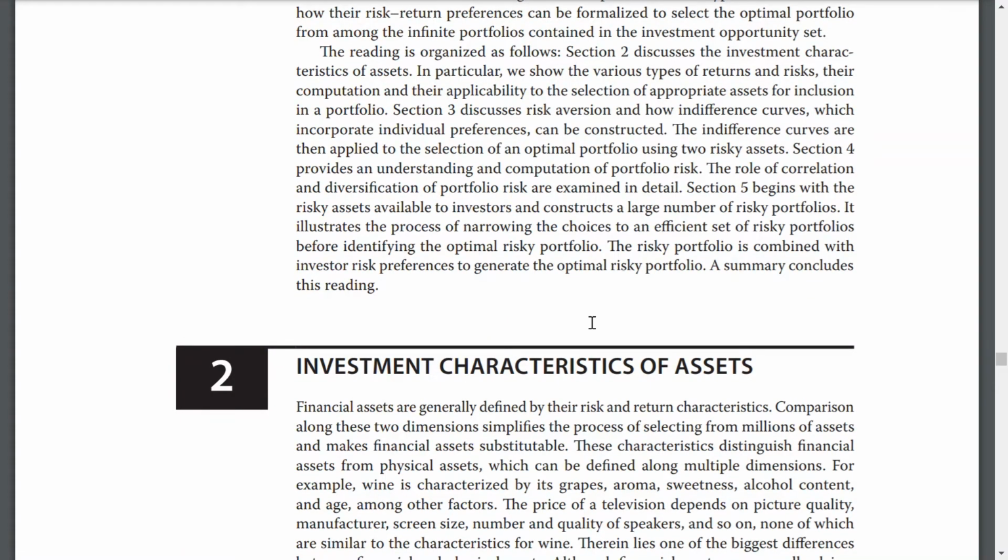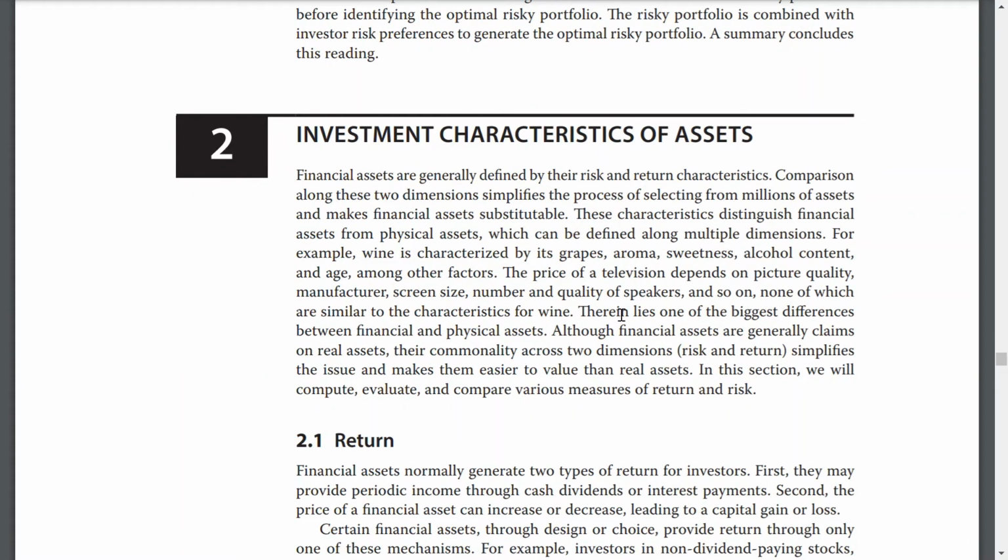Investment characteristics of assets. Financial assets are generally defined by their risk and return characteristics. Comparisons along these two dimensions simplify the process of selecting from millions of assets that makes financial assets substitutable. These characteristics distinguish financial assets from physical assets, which can be defined along multiple dimensions.